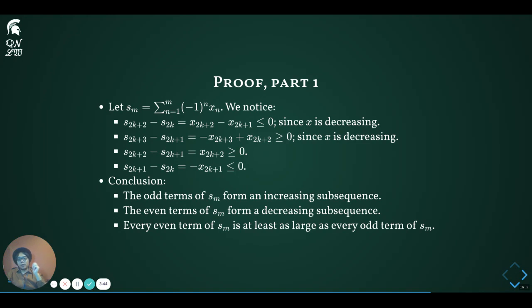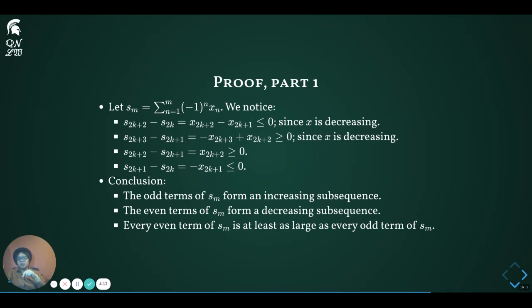So, combining these four facts together, we can summarize by saying the odd terms of the sequence of partial sums form an increasing subsequence. The even terms of the sequence of partial sums form a decreasing subsequence. And all even terms of the sequence of partial sums are larger than any odd terms of the sequence.